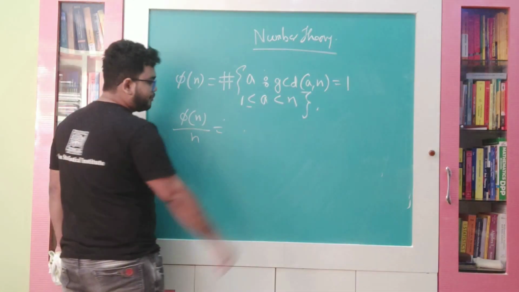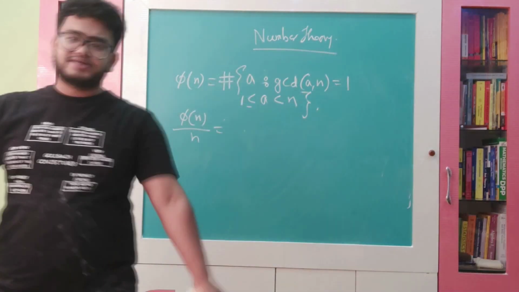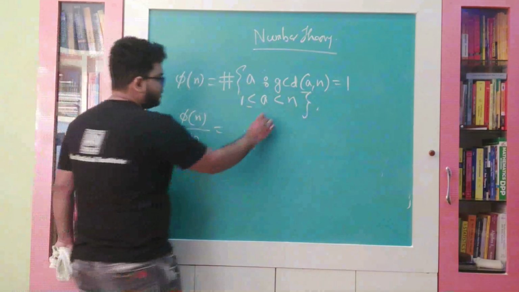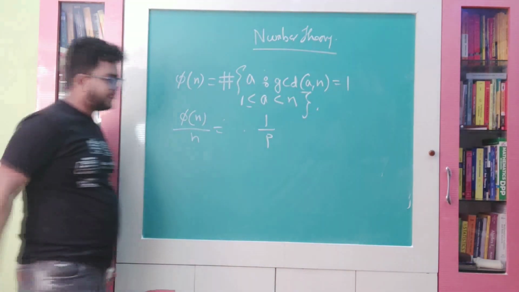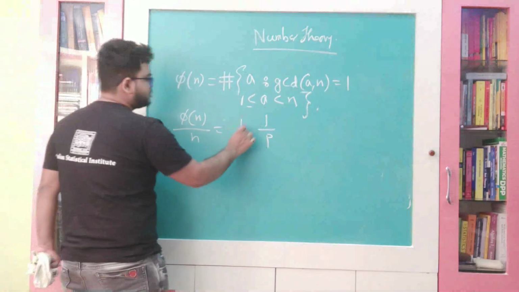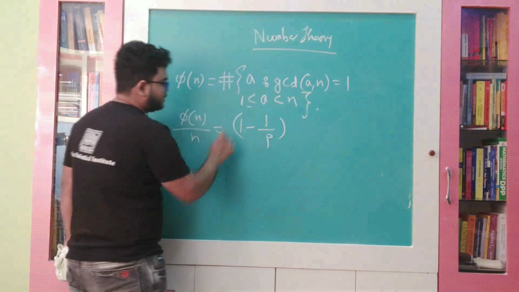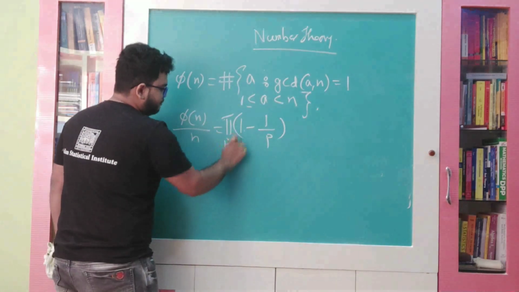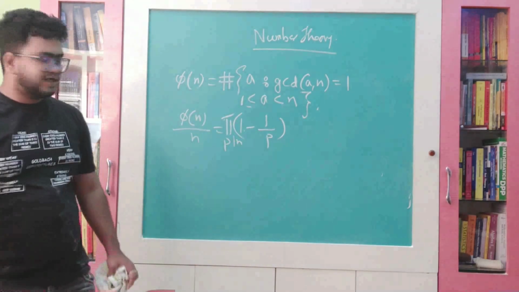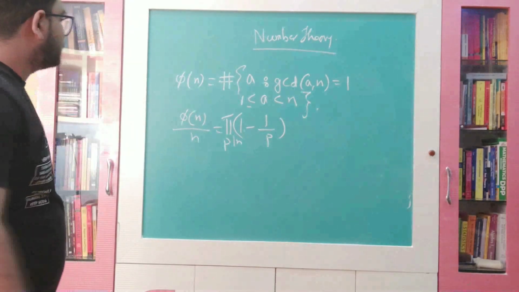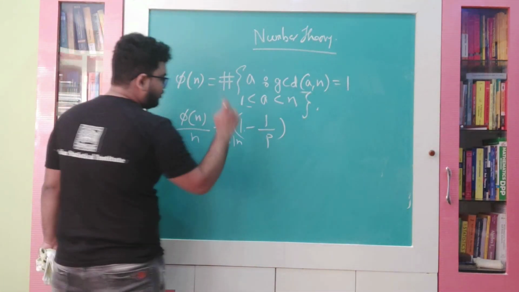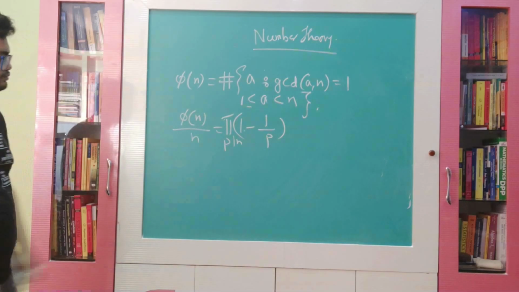So if p is a prime dividing n, the probability that an integer is divisible by p is 1/p. So it's not divisible by p with probability 1 minus 1/p. So this is actually the product of all these probabilities over primes p dividing n.